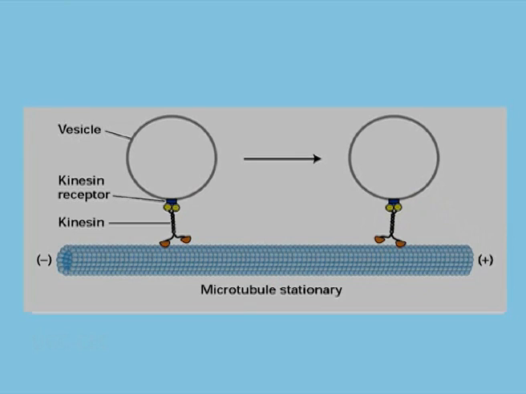A dimeric kinesin molecule exerts a force of 6 piconewtons, which is sufficient to pull a bound vesicle through the viscous cytoplasm. The kinesin step size is 8 nanometers, which matches the distance between successive alpha or beta tubulin monomers in a protofilament, suggesting that kinesin binds to only one or the other monomer at a time.